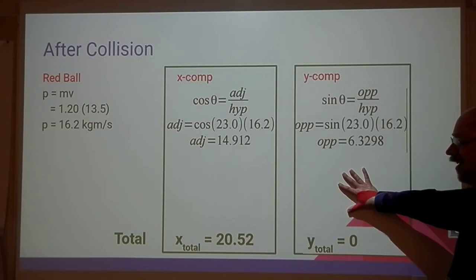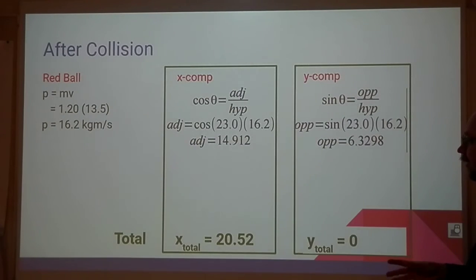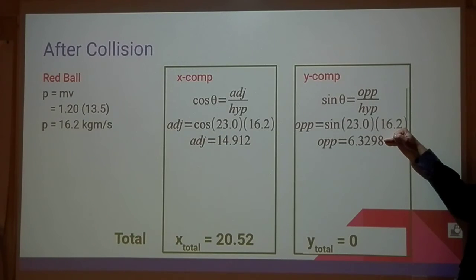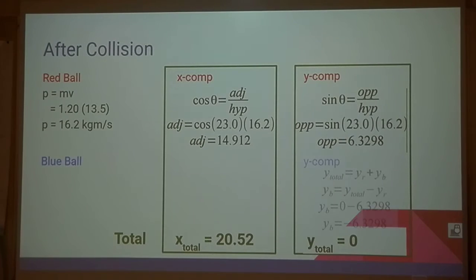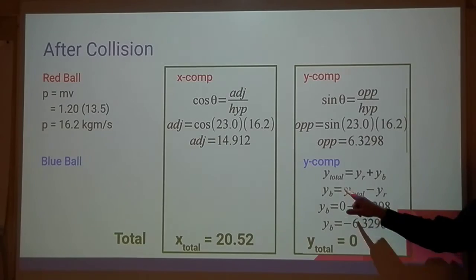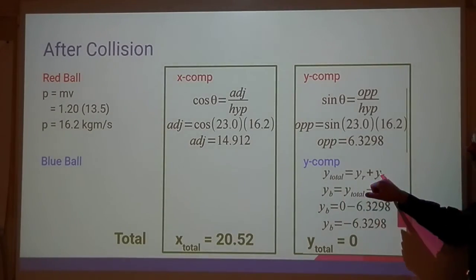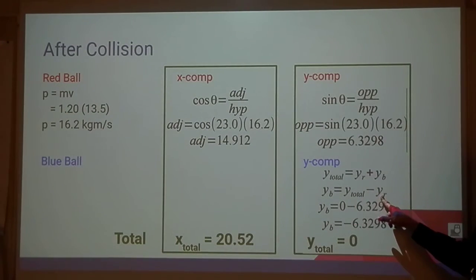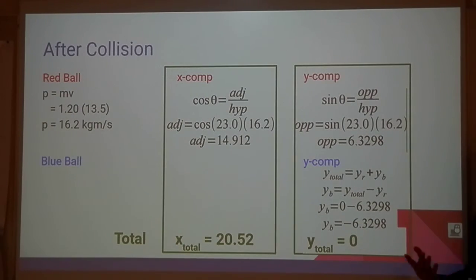That means that finding out at least the y component of the blue ball is like the easiest one ever for this. Because since they have to add up to 0, if this one is up positive 6.3298, this one must be negative 6.3298. Now I wrote it out kind of a long way here. I said my y total, which is this, has to be equal to what the red ball is plus the blue ball. And then I solve for blue ball, because that's going to be the total minus the red. 0 minus the number that I got right there equals a negative value.